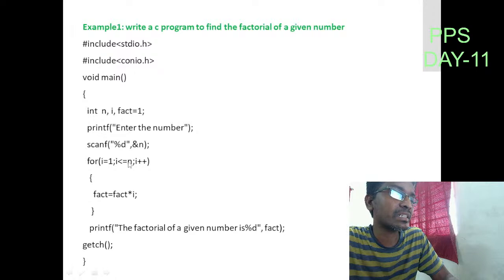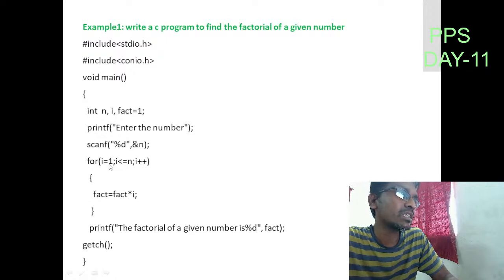Whenever this condition is true, it enters the block of statements and executes fact equal to fact into i. Initially fact is 1, so 1 into 1, and I get factorial 1. After execution of this block, the i value is incremented by 1.